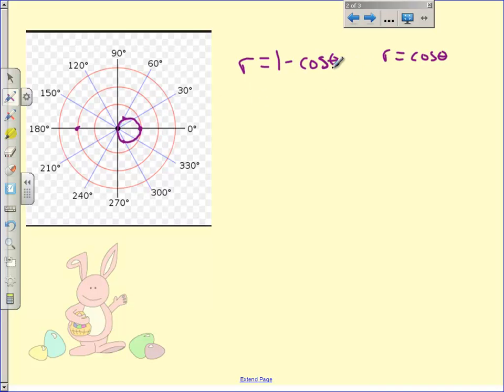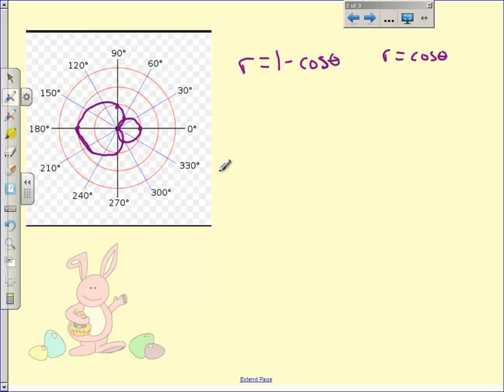And then when theta is 90 degrees, cosine of 90 is 0. 1 minus 0 is just 1, so it's up here and then down here. And we know the graph then cuts in like this, makes a little cardioid. So I'm going to do my best to smoothly draw that. I sort of had a little hiccup there. See if I can maybe correct that a little bit.